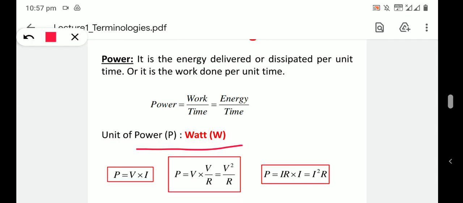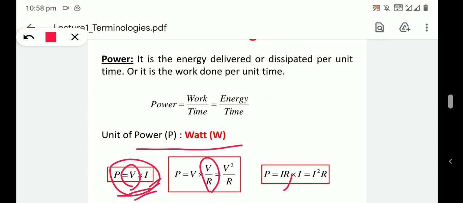Then we know that power is the product of voltage and current. So P is equal to V into I. According to Ohm's law, we know that I is V by R. So in this equation, I is replaced with V by R, so power will be equal to V square by R. Then in the first equation we are replacing V with I into R, according to Ohm's law V is equal to IR.